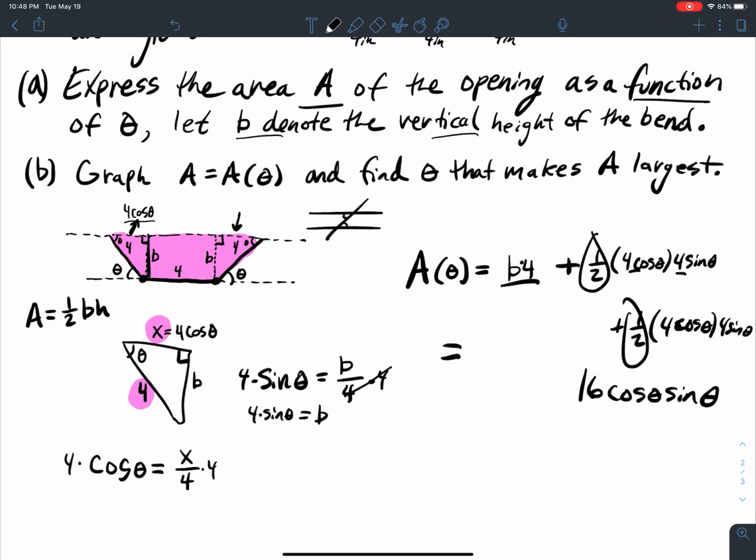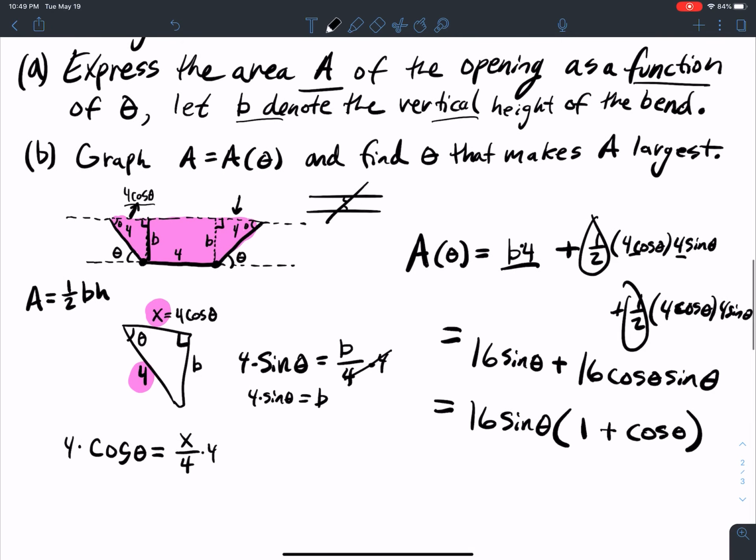So 16 sine theta plus 16 sine theta cosine theta. Okay? And if you want to, you could factor out a 16 sine theta, and you'd have 1 plus cosine theta times 16 sine theta. So that would be the area, this region right here, that shaded region in pink.